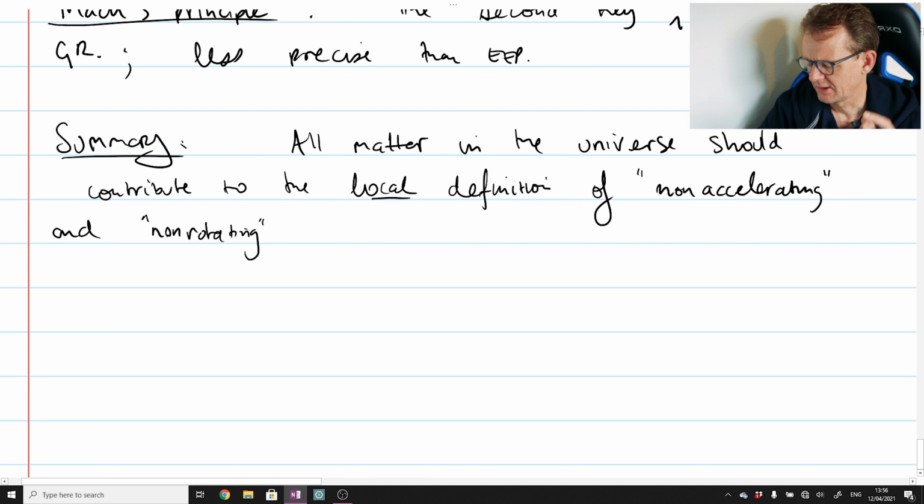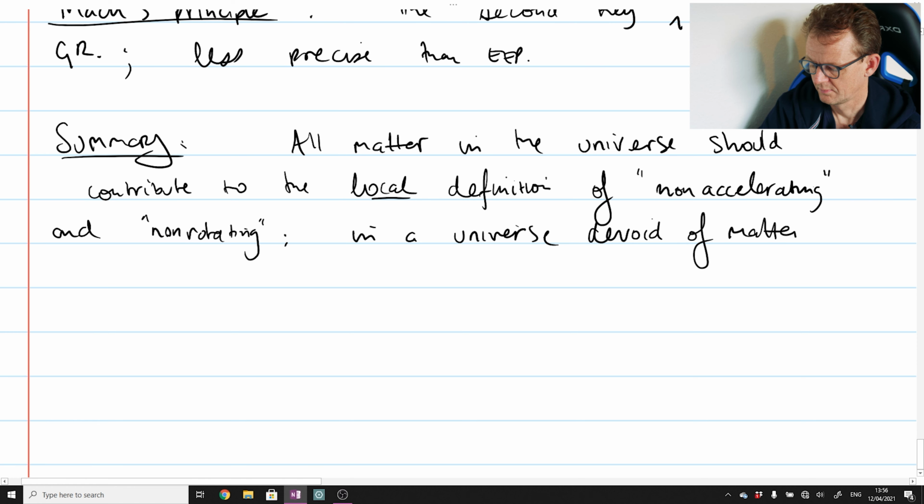And the summary is something like this. All matter in the universe should contribute to the local definition of non-accelerating and non-rotating. Conversely, in a universe devoid of matter, there should be no meaning to these concepts.